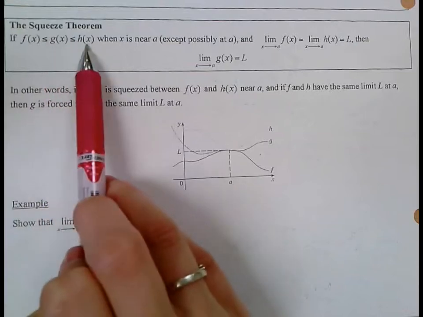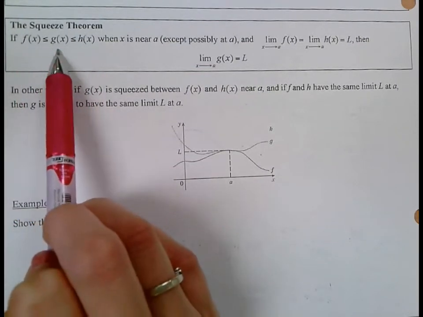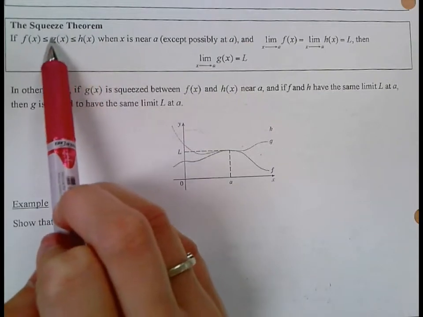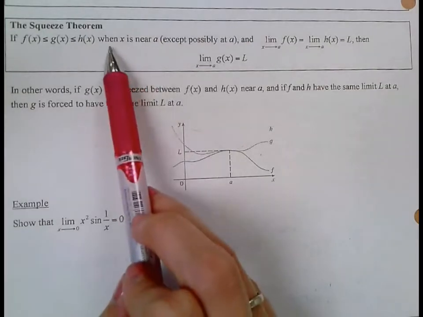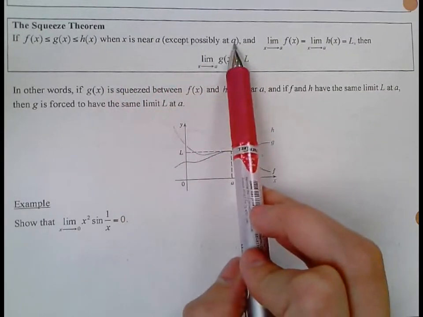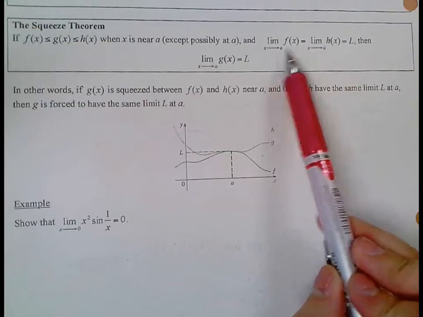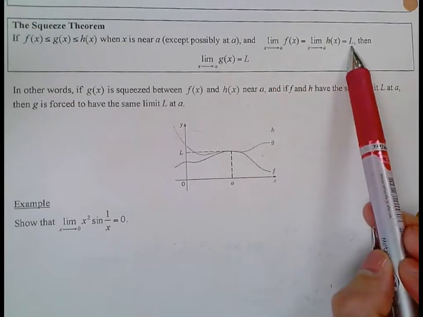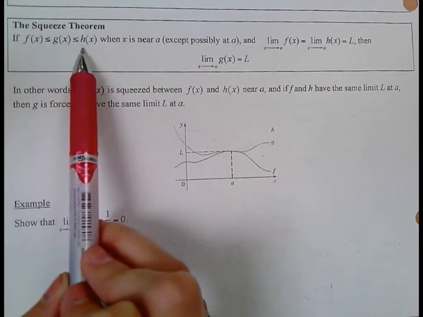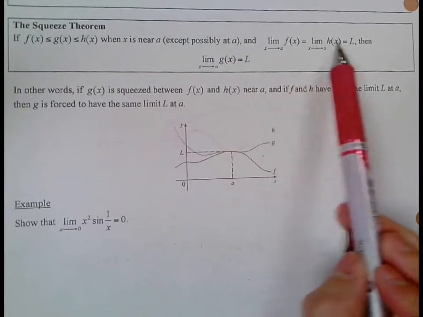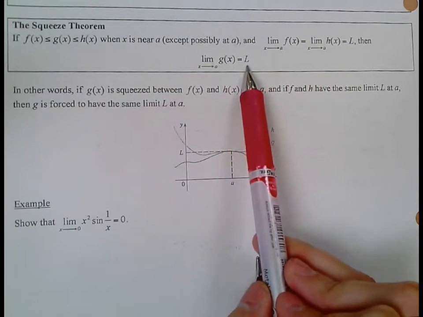If we have three functions, f, g, and h, and f of x is less than or equal to g of x is less than or equal to h of x, so g of x is kind of squeezed in between f and h, again when x is near a, except possibly at a, and the limits of f and h as x approaches a both equal the same number L, then, because g of x is squeezed in between those functions, since they have the same limit, the limit as x approaches a of g of x must also have that same limit of L.